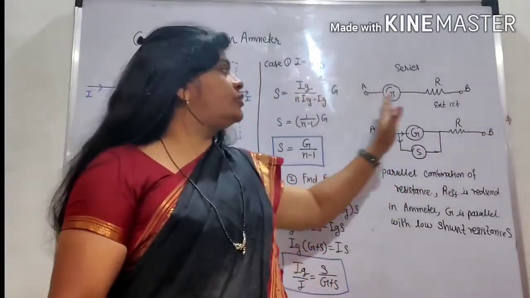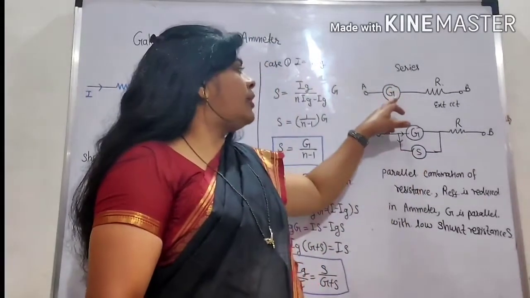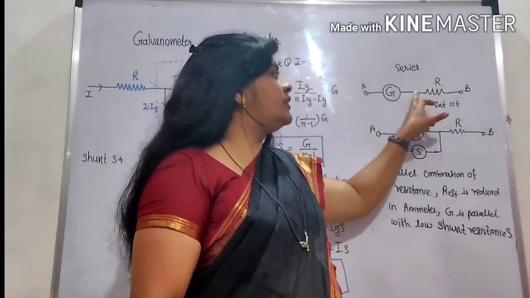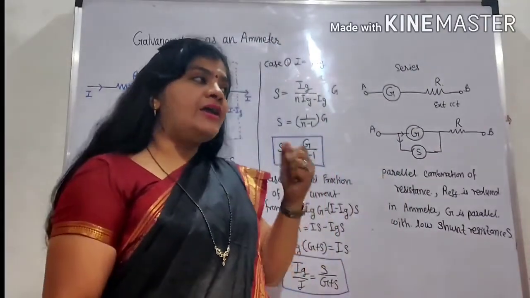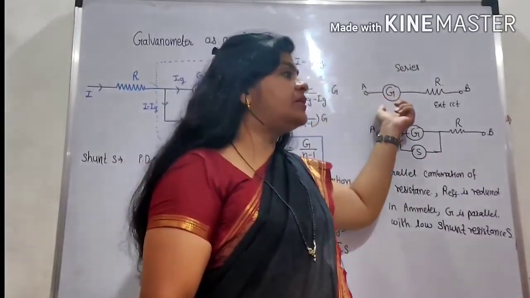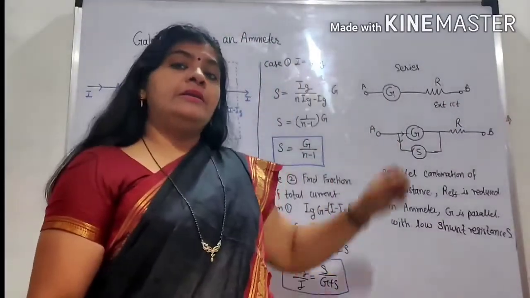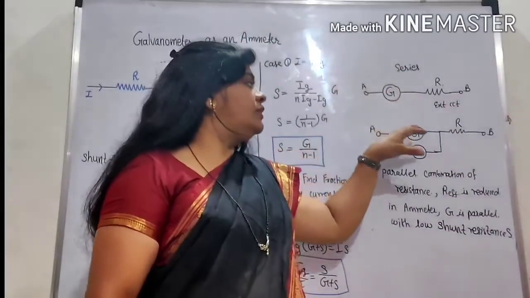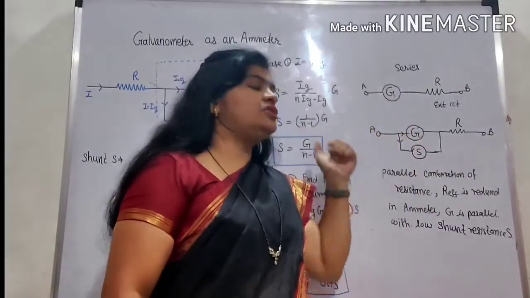When the current flows, some of the current is drawn through the galvanometer and some part flows through the external circuit. That's why, in that case, the actual current is not measured by the galvanometer. For this purpose, the galvanometer must have zero resistance, or we have to lower its resistance.